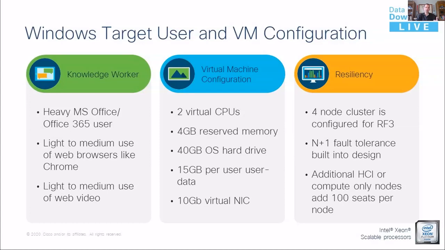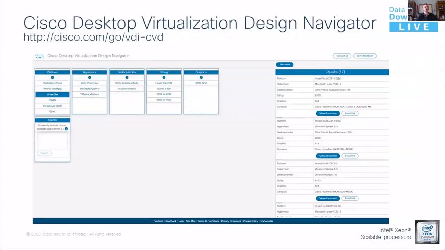So it gives the customers a lot of opportunity to choose the environment that's best suited for their deployment. So one of the things I also want to speak to is our business unit, our solutions business unit focused on VDI has published a CVD, or a Cisco Validated Design Navigator, if you will.